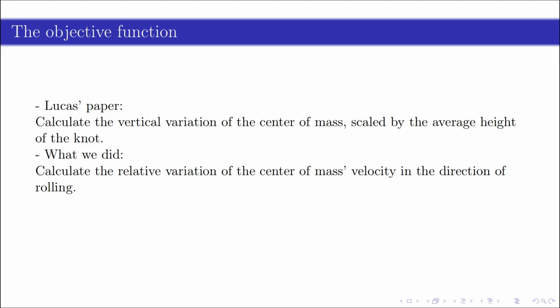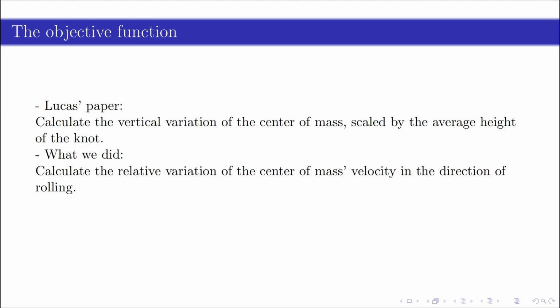And of course, we then also need a function to minimize, and we consider the center of mass of a Morton knot, which is due to its symmetry at the center. And the idea is that the center rises and falls as the knot rolls across a flat surface. So the smaller this vertical variation, then the less energy needs to be transferred between kinetic and potential.